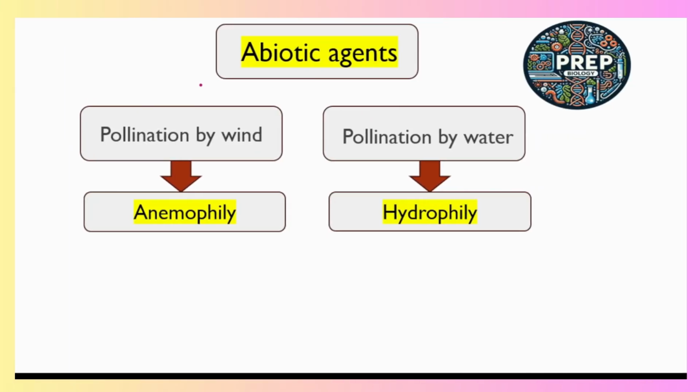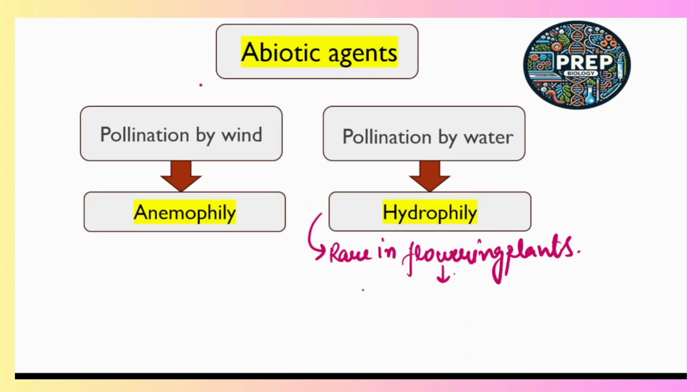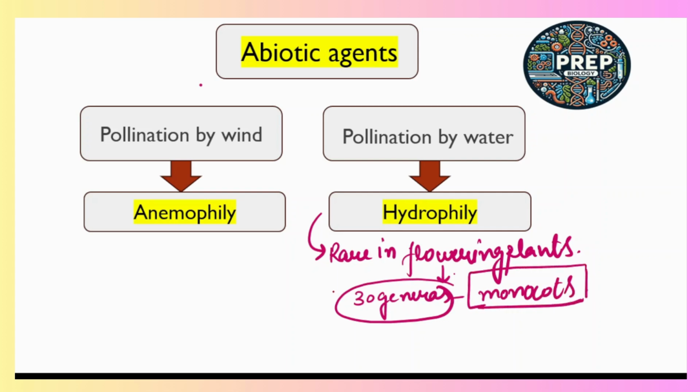The second important point under hydrophily is that pollination by water is rare in flowering plants. It only occurs in about 30 genera of monocots, that is monocotyledons.